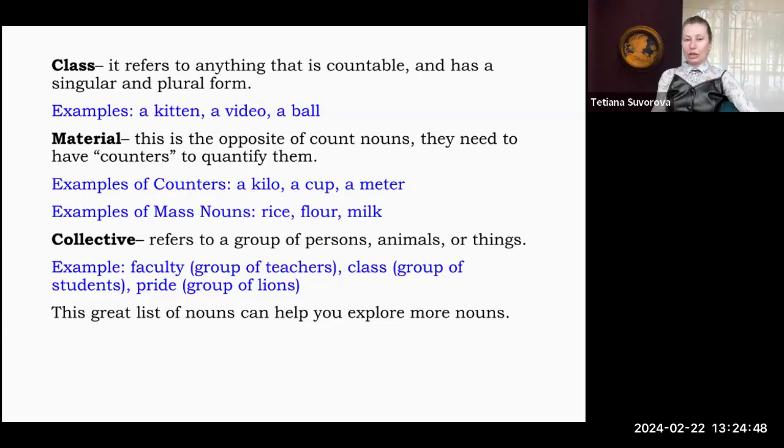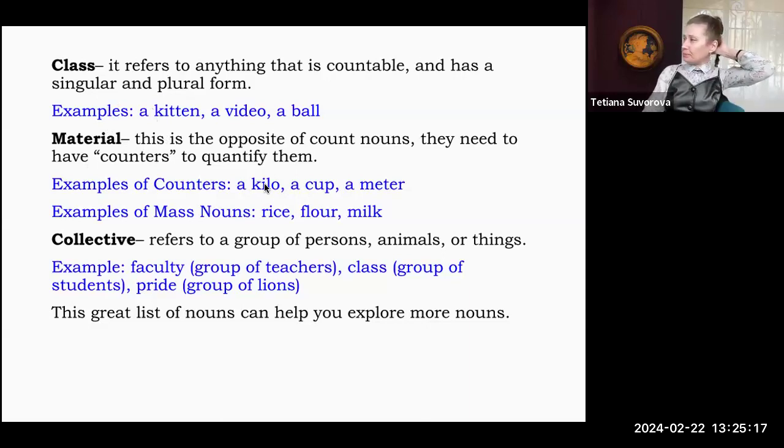Now the material nouns as well are important for English, because we do not use the article, because we cannot count. The indefinite article is used when we can count and we express something one, but we have units of measure for them, and then we use the indefinite article with these units of measure in the meaning of one, if we express the meaning of one, of course.